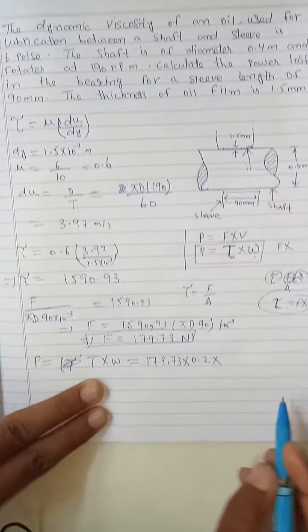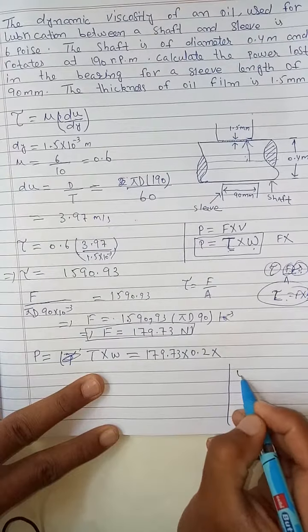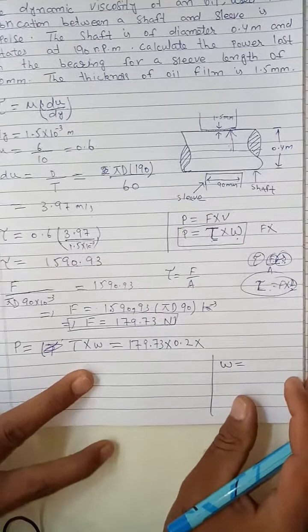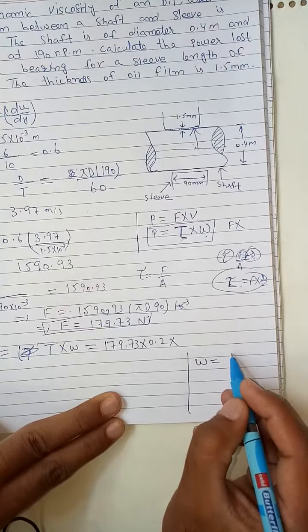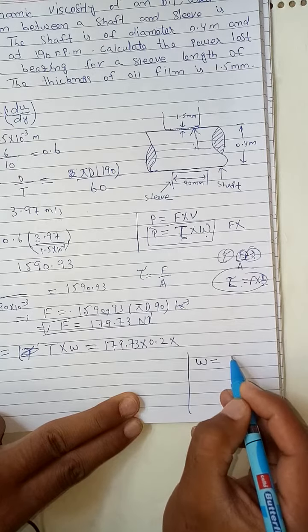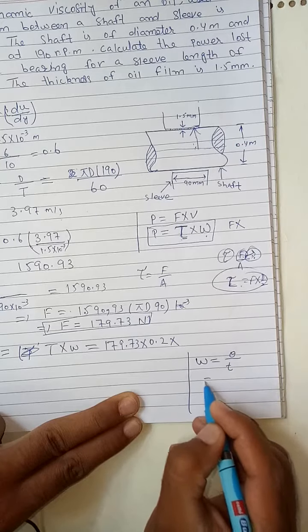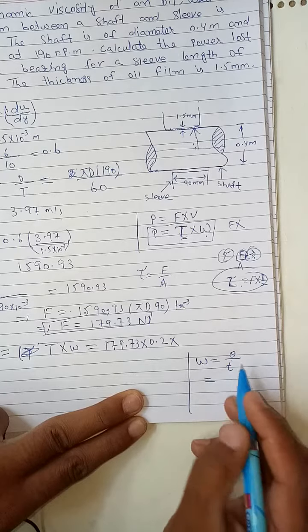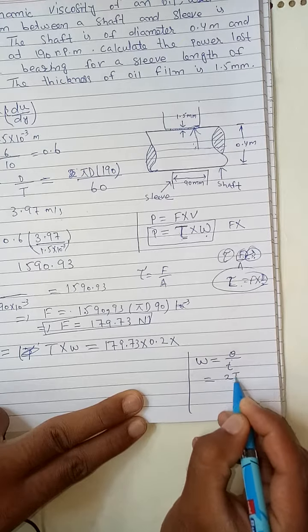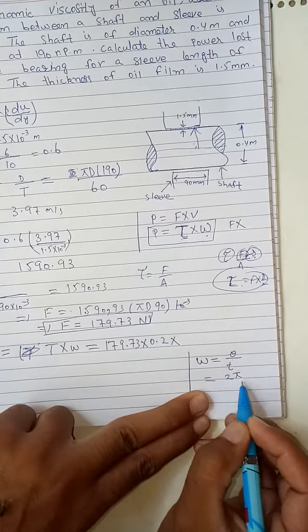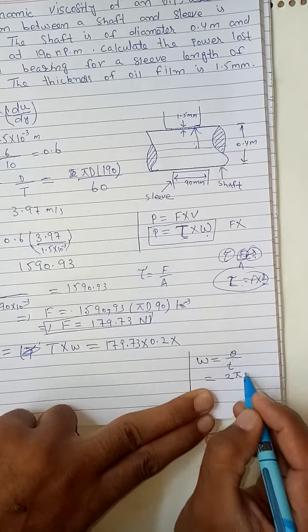Now we will find omega here. Omega is the angular velocity, which is angular displacement theta by time taken. In one revolution it completes 2 pi angular displacement, and it is making 190 revolutions.